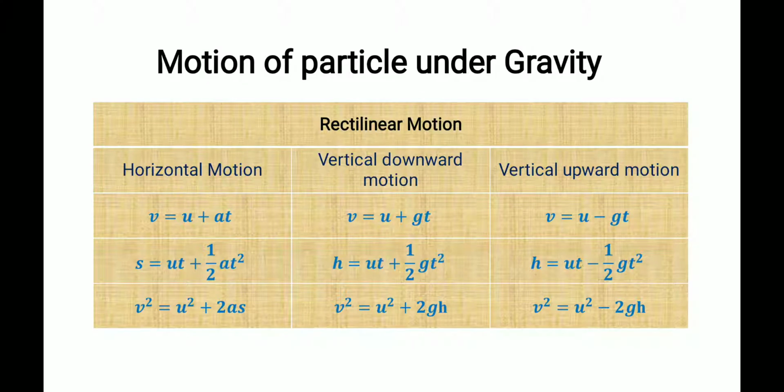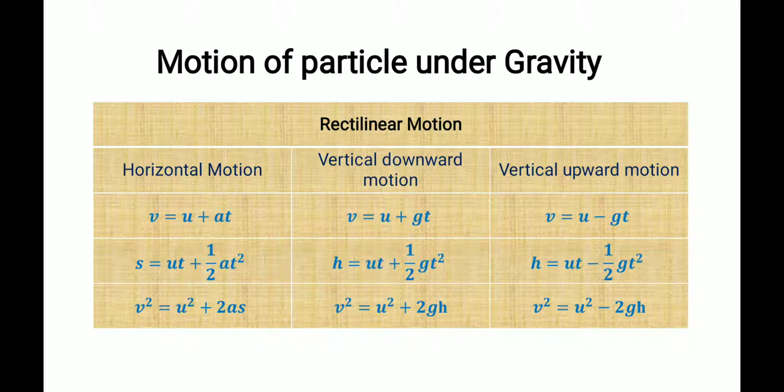Then we will study motion of a particle under gravity. In rectilinear motion, motion under gravity. Gravity means moving by the weight. Acceleration due to gravity is g, 9.81, right?